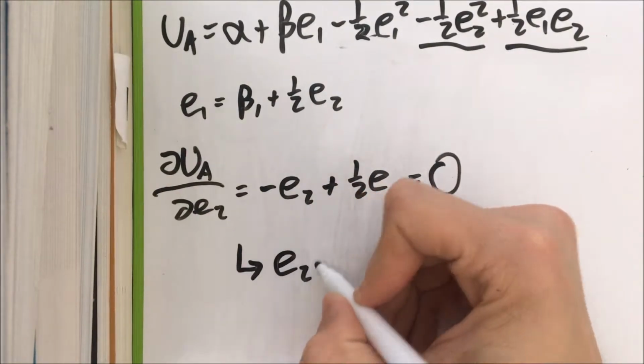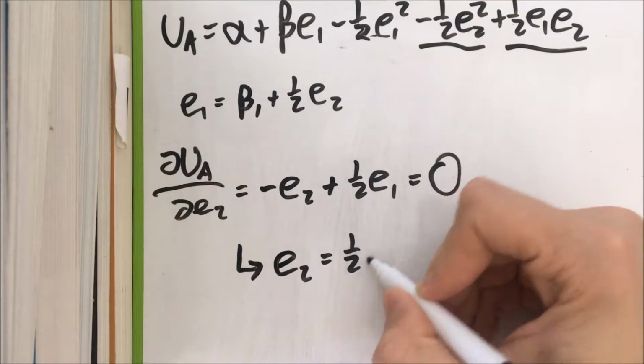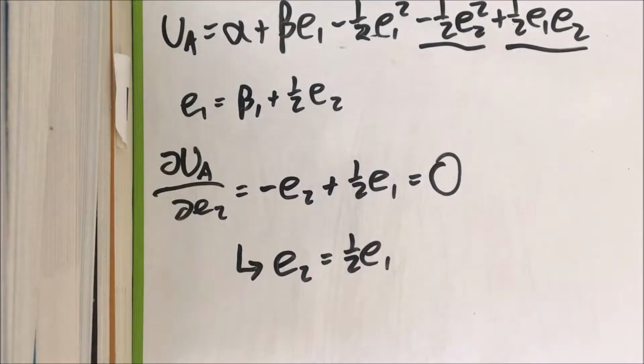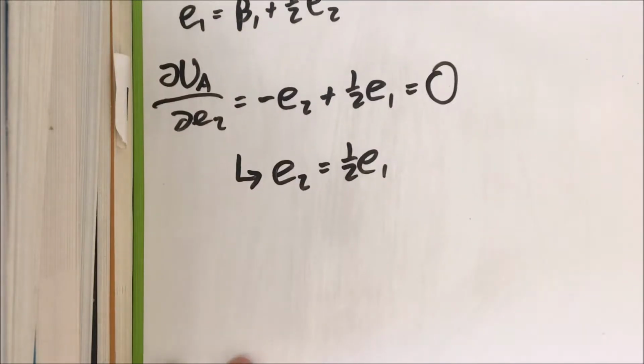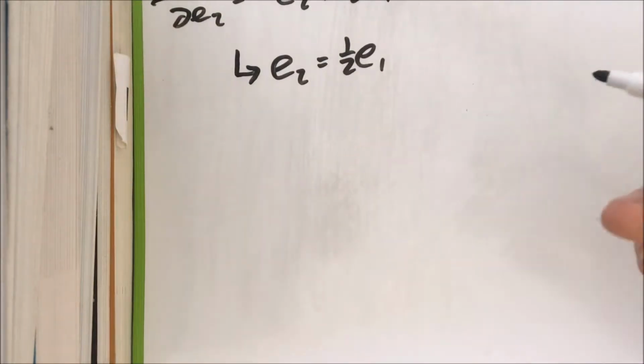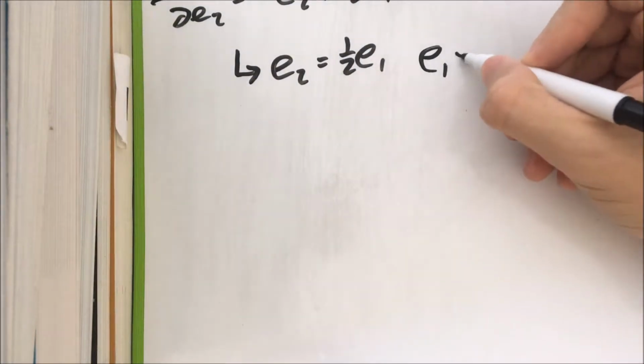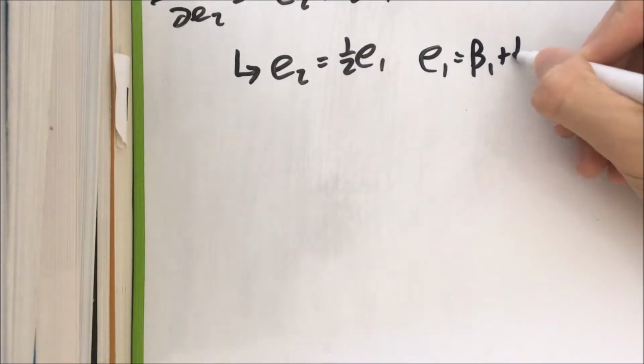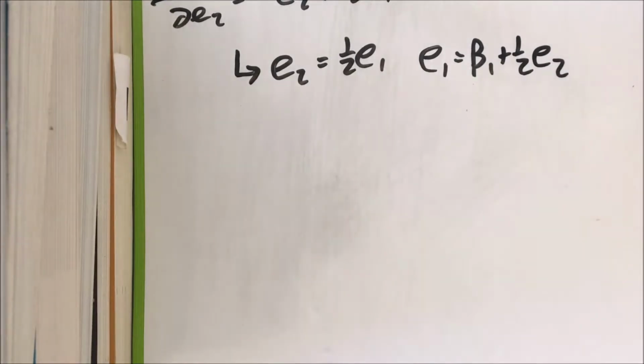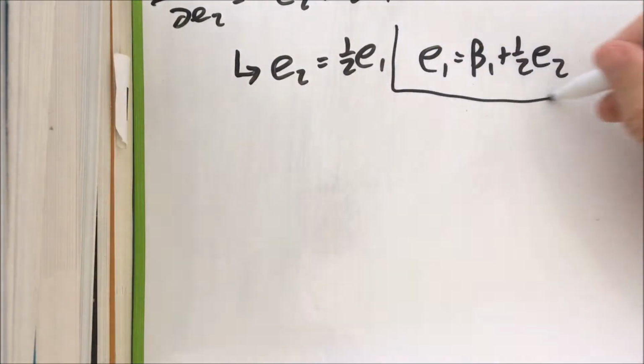This leads us to E2 equals half E1, because you just brought the E2 over. Now, we're not done yet, so let's find them all separately. So we know E2 equals half E1, and E1 equals beta plus half E2. These are our two equations.